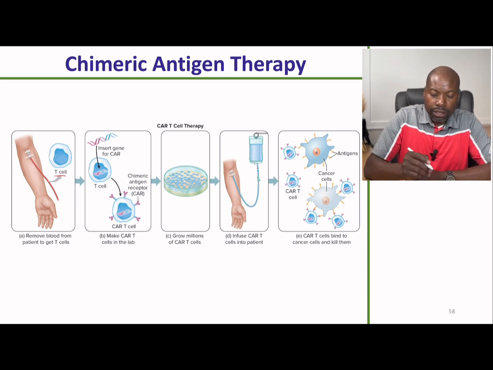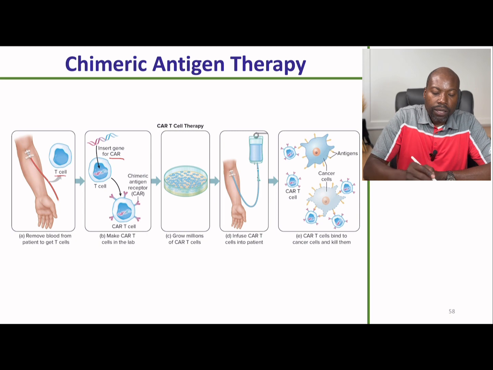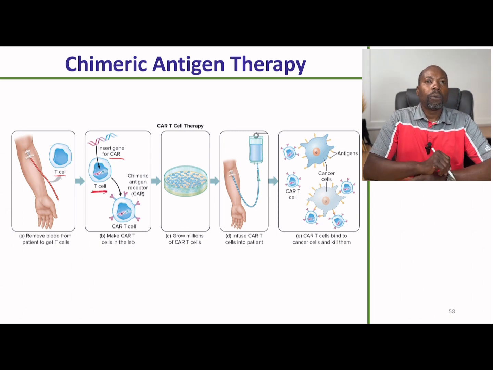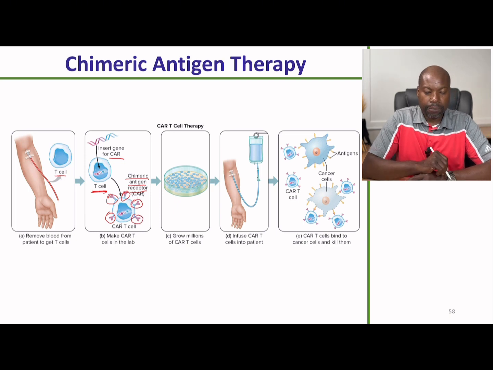That modification is called CAR, okay? So that now modified white blood cell is expressing a CAR, which stands for chimeric antigen receptor. That chimeric antigen receptor is going to be expressed in a genetically engineered cell.